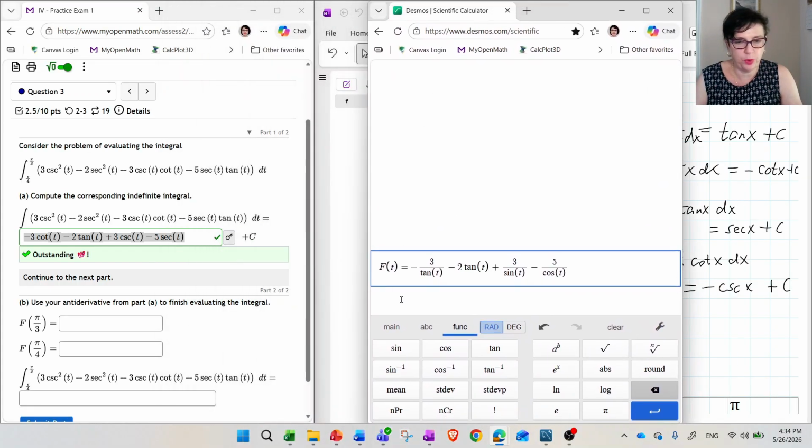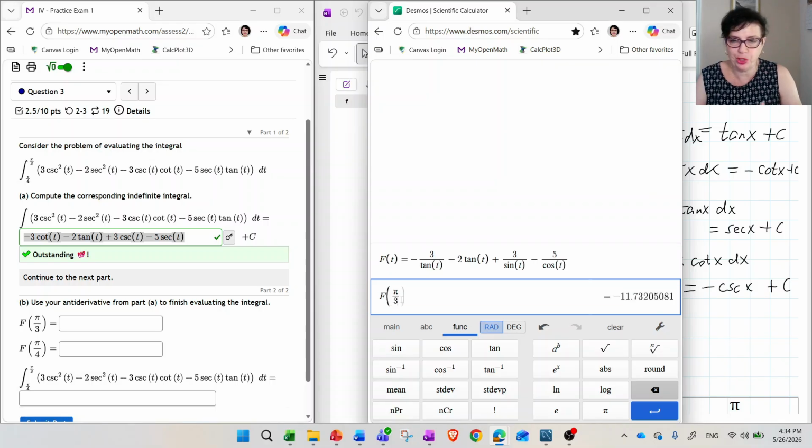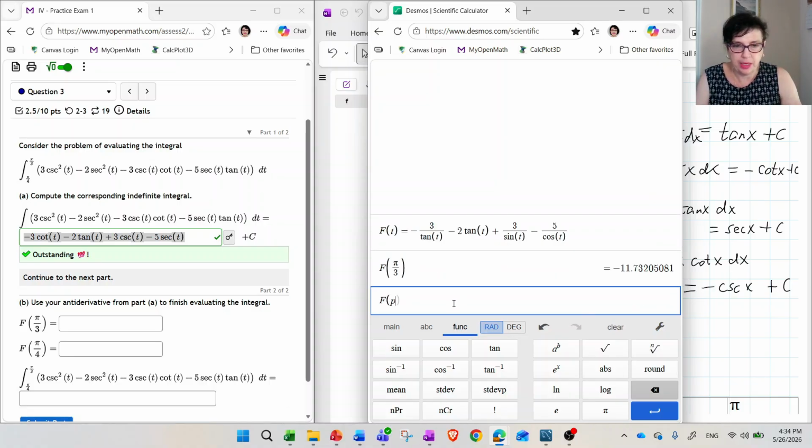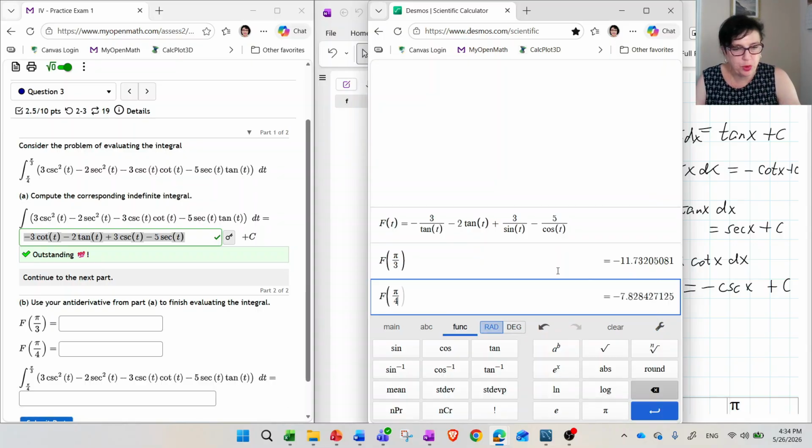If you wanted to compute it at pi over 3, again you need to convert it to radians, it's going to give you some sort of decimal, and decimal values are not allowed. The best you can hope for is that your teacher is going to give you possibly some partial credit. Same thing with pi over 4, and then you can subtract them to get the answer. But again, this is supposed to be no decimals.